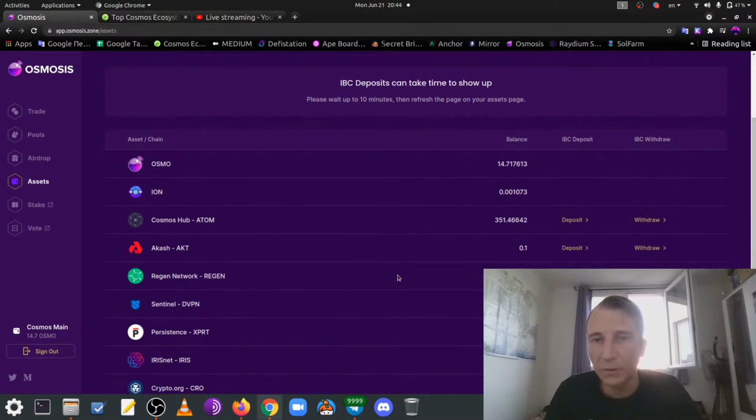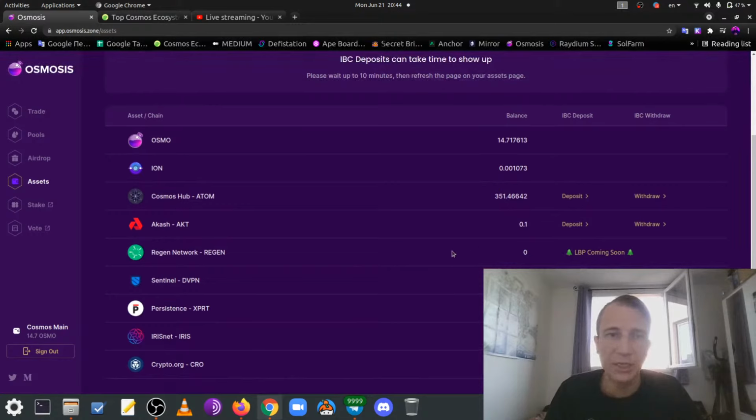Regen Network will make an airdrop for the Cosmos holders. Be sure that you are registered to get the airdrop from Regen Network.